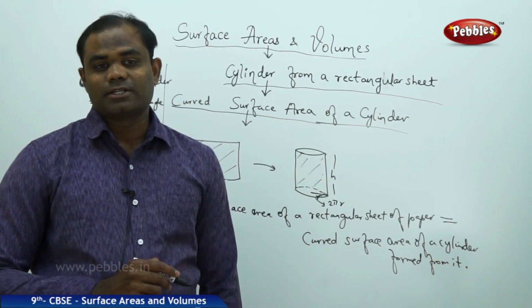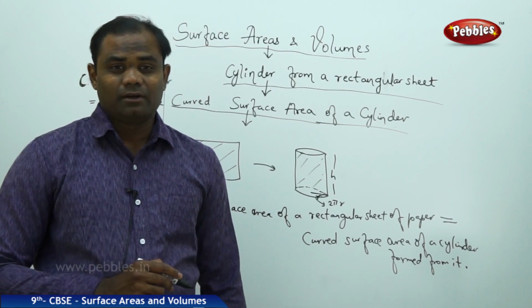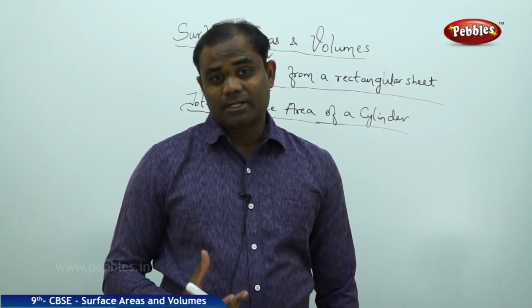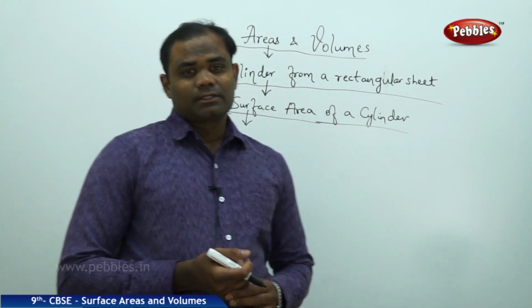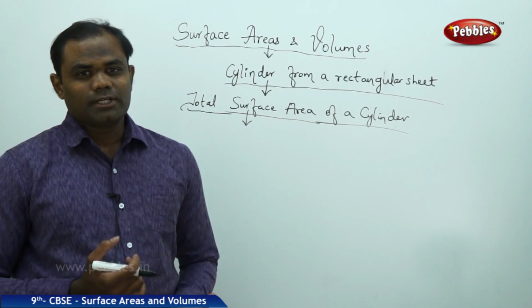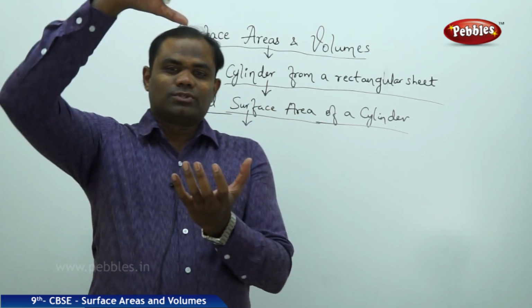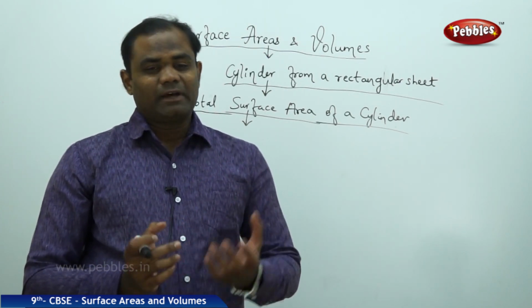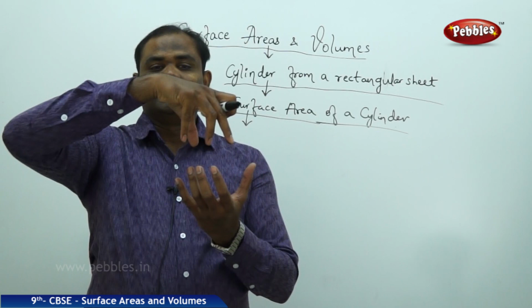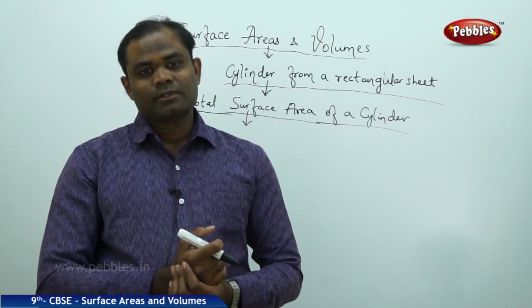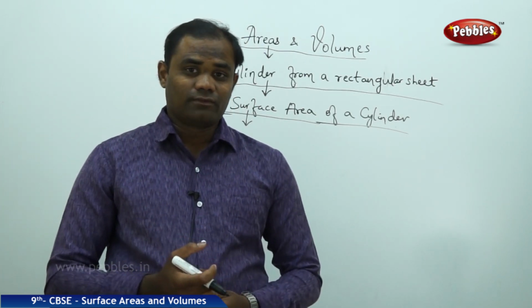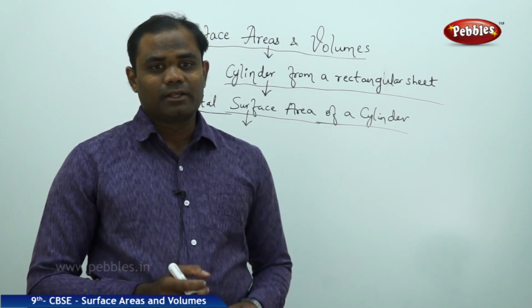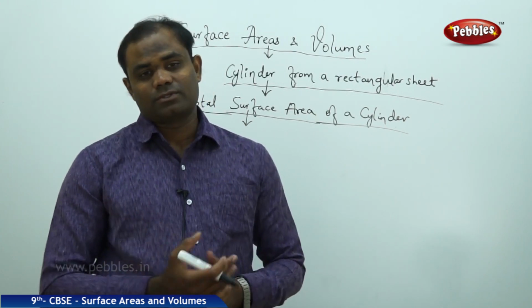Now that we have discussed curved surface area, there are other possibilities. What if I take a cylinder which is closed both on the top and the bottom lid? So let's take the different cases of a closed cylinder. This session is about finding the total surface area of a closed cylinder.